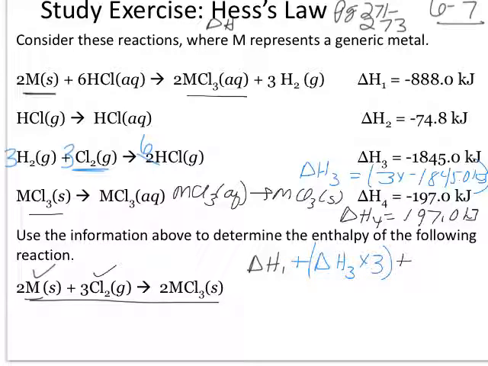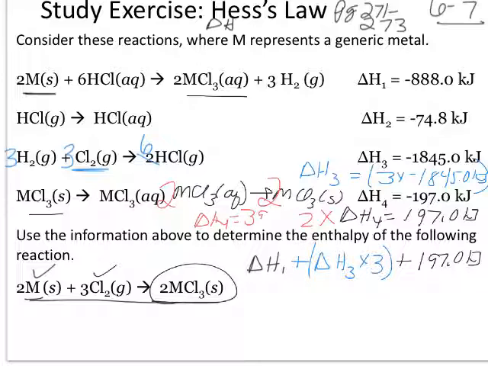197.0 kilojoules to be positive. And what else do I need? Well, I need a 2 in front of there. So I'm going to multiply a 2 through, and then I'm going to take this times 2. So when I do 197.0 times 2, the delta H4 ends up being 394 kilojoules.